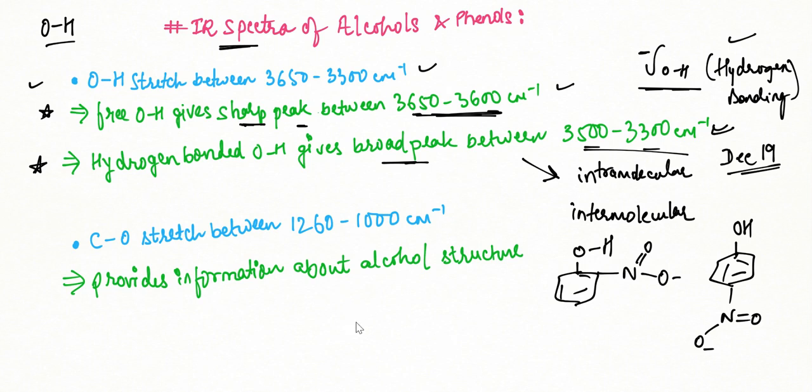On dilution, the hydrogen bonding decreases and the frequency of the OH group again increases, right? So which type of bonding is that? Is it intramolecular hydrogen bonding or intermolecular hydrogen bonding? That we have to determine. On dilution only one type of hydrogen bonding can decrease, and that is intermolecular hydrogen bonding, because on dilution these molecules go apart from each other.